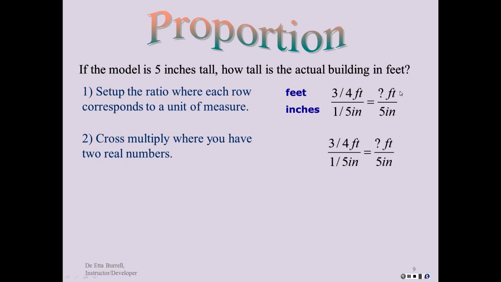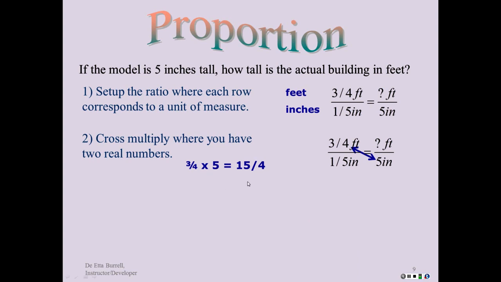So after I've set it up, keeping the same units on the same row, I have a question mark for the actual height of the building. Where am I going to cross multiply here? 3/4 times 5. Well, I better remember how to multiply fractions. So 3/4 times 5 is where I have two real numbers. And 3/4 times 5 over 1 will give me 15/4.